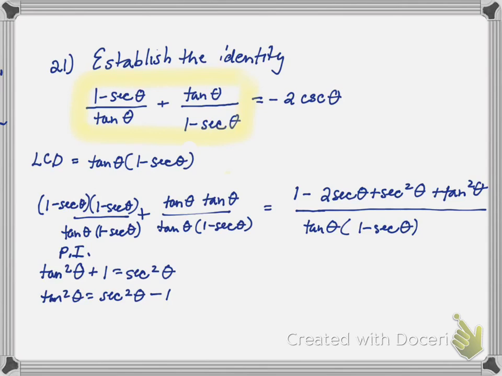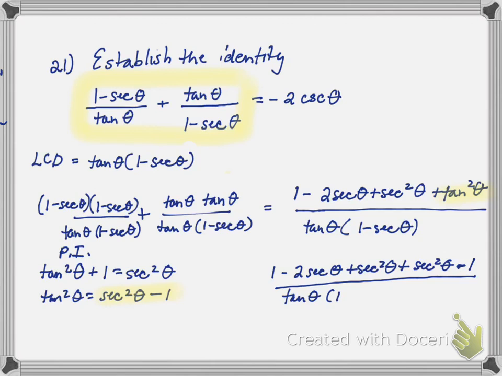So I'm going to use this substitution. Wherever I see tangent squared theta, I am going to write secant squared theta minus 1. So now I have 1 minus 2 secant theta plus secant squared theta, plus secant squared theta minus 1, all over tangent theta times 1 minus secant theta.